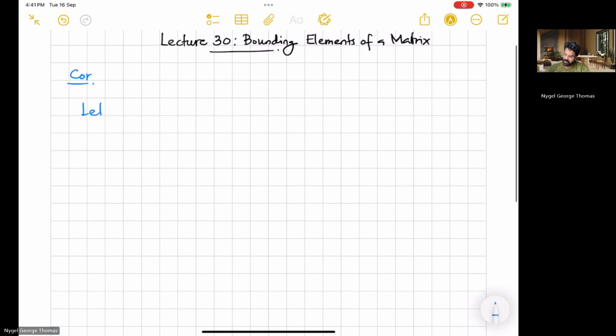Let A be an n-cross-n matrix, and we have an arbitrary small epsilon which is greater than 0.